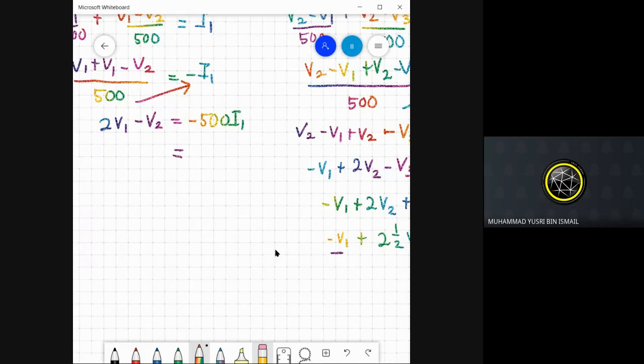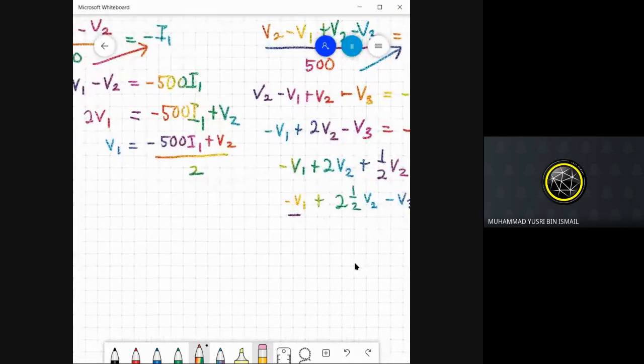So here you will get negative 500 I1 plus V2. Then V1 is equal to negative 500 I1 plus V2 divided by 2. Okay, this is for V1.